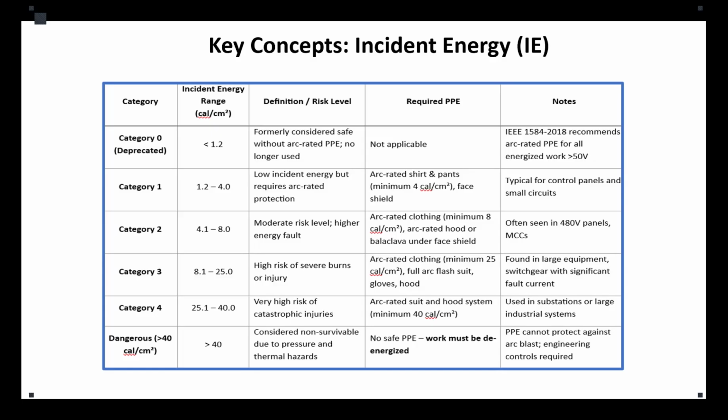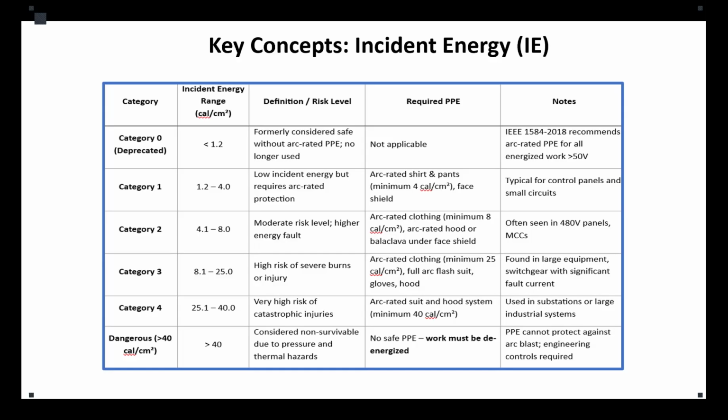It is called incident energy because it is energy incident upon the surface. This value is the main input we use to determine the arc flash boundary, the PPE category, equipment labeling, and overall risk level.